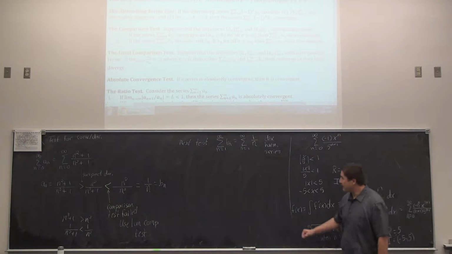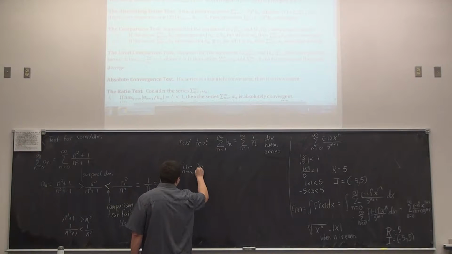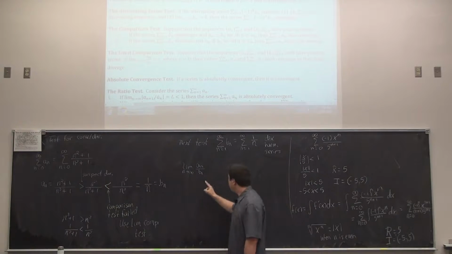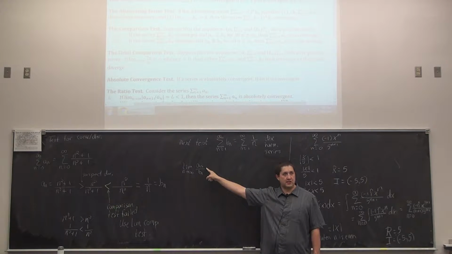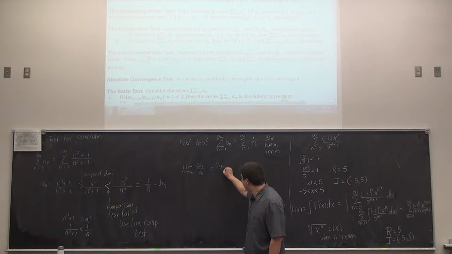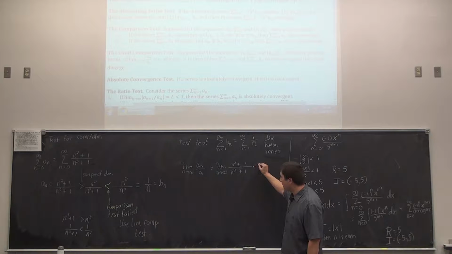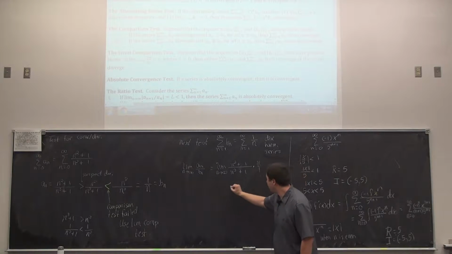Okay, so the comparison test fails, but next in the limit comparison test, we take a look at the limit as n goes to infinity of a sub n divided by b sub n. Actually, you could put this in any order, but this is just a typical way to do it. This will turn into the limit as n goes to infinity of a sub n, which is n squared plus 1, divided by n cubed plus 1, multiplied by the reciprocal of b sub n, which is n divided by 1.